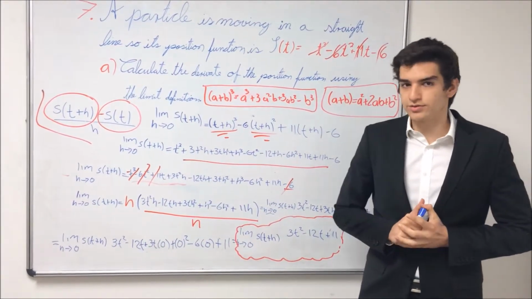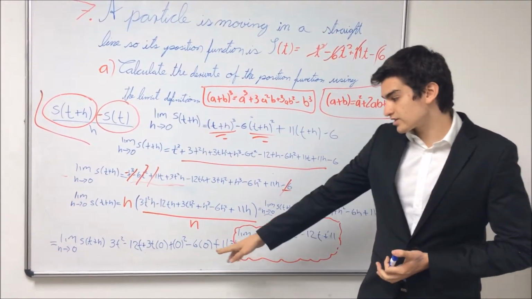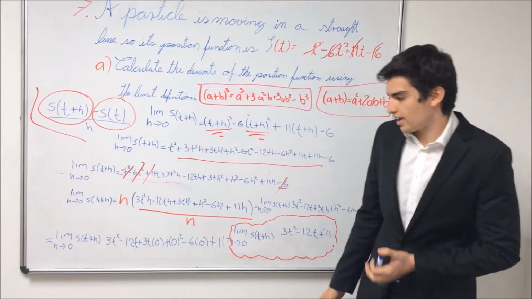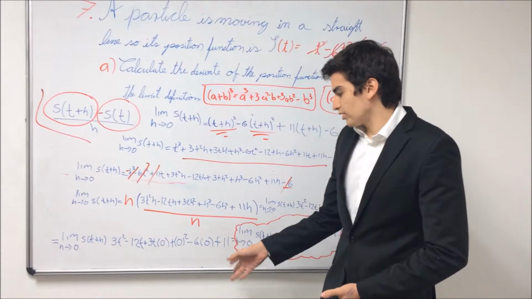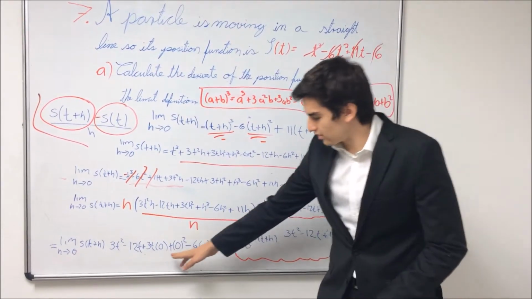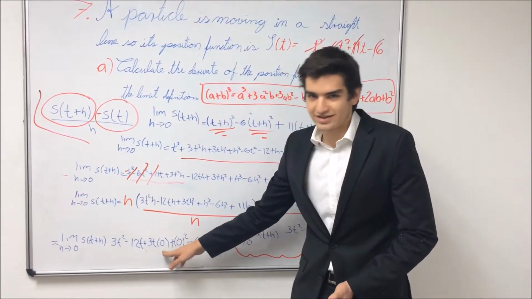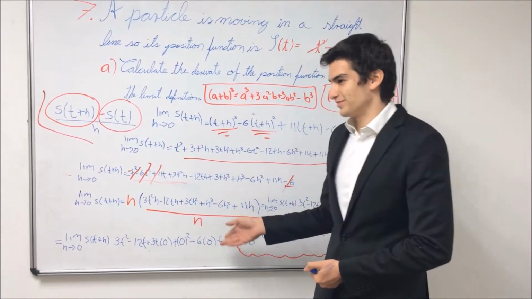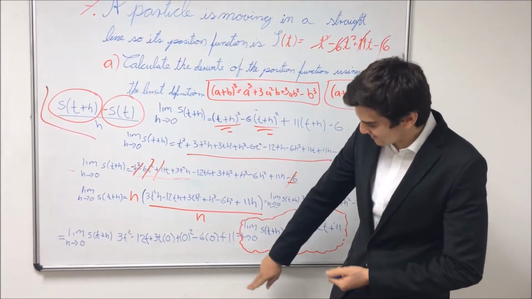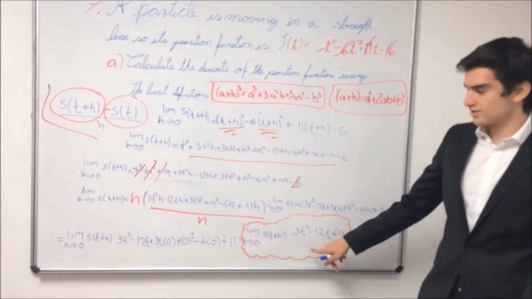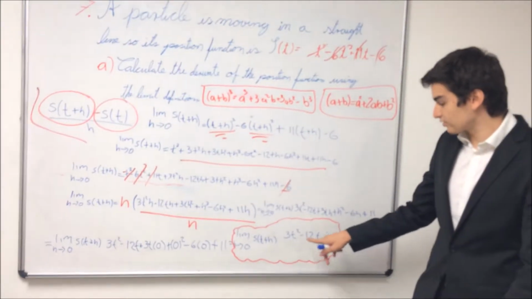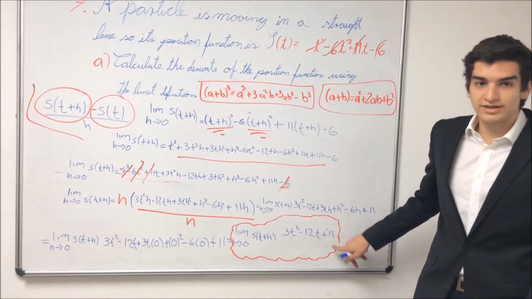So we have to replace all the h with 0, and some values will be 0 because you are multiplying them by 0, and 0 multiplied by 0 is 0. The derivative is 3t squared minus 12t plus 11.